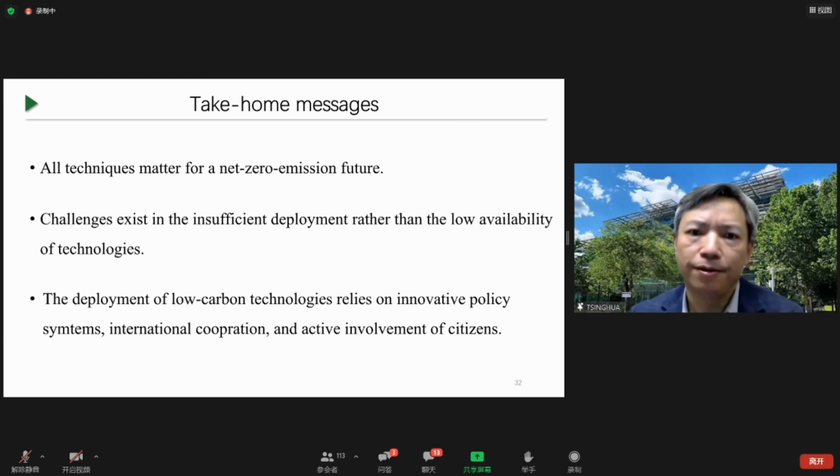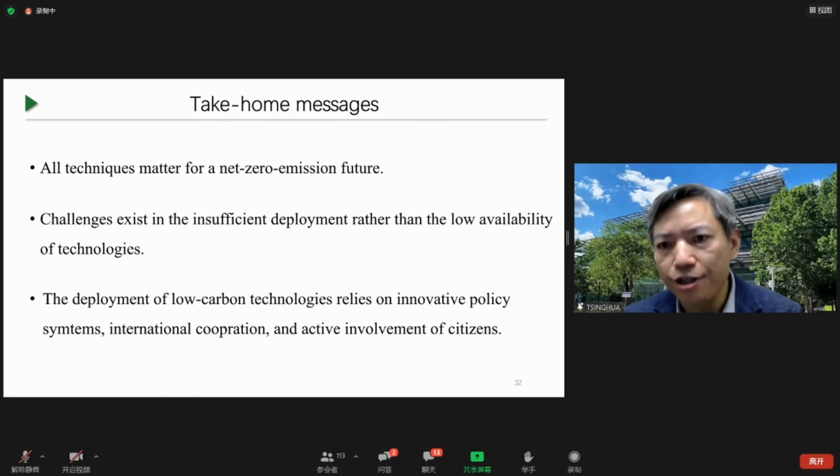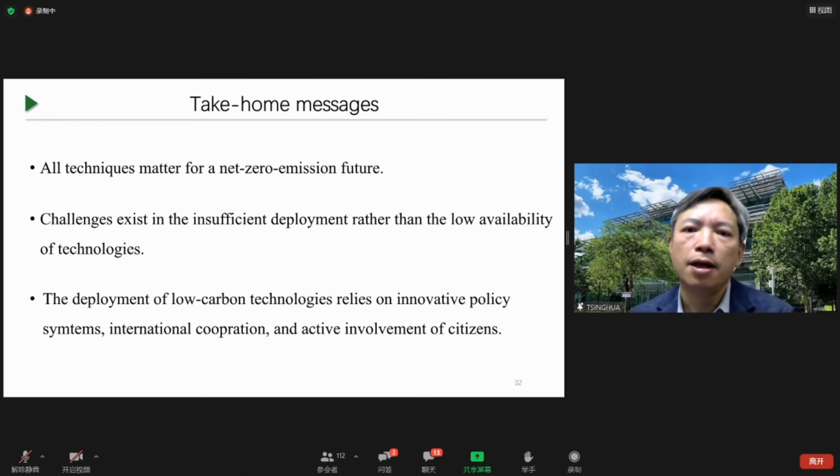Last but not least, innovative policy systems, international cooperation, and active involvement of citizens are important to facilitate technologies and steering to a net zero carbon future.